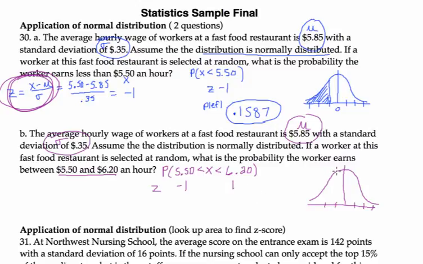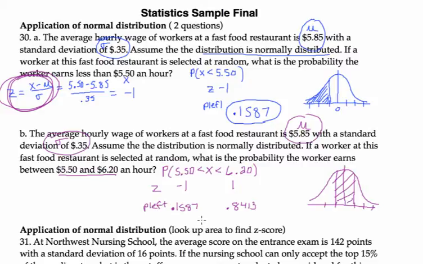So we're looking for z-scores between -1 and 1. What's the probability that we fall in that area? So we look up the probabilities for -1 and 1. That's the probability that we're to the left of these z-scores.